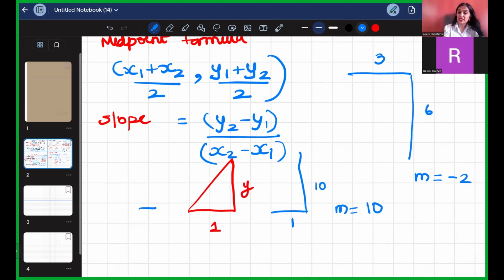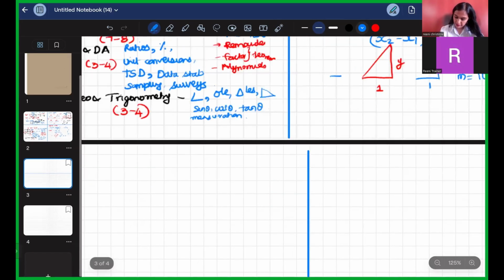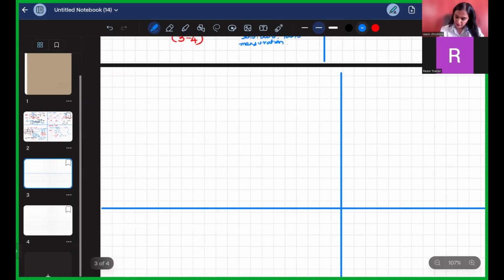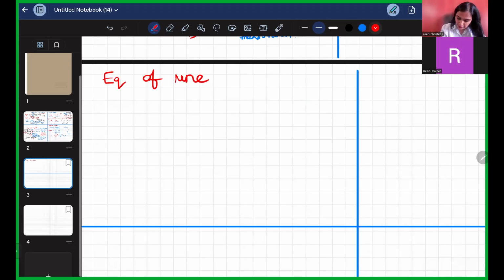Now what is the equation of a line? We all know it is y is equal to mx plus c.